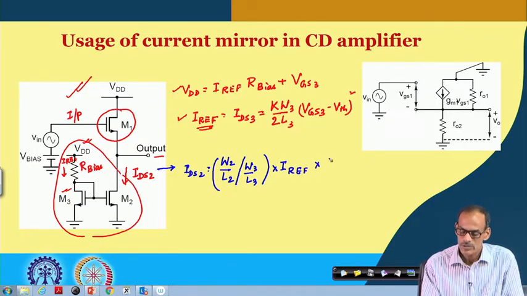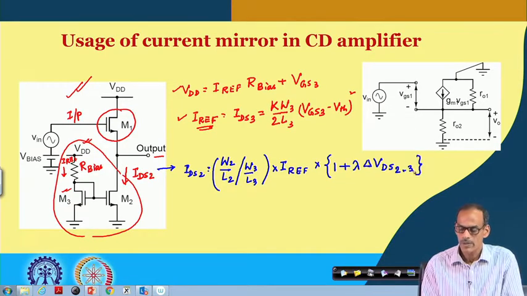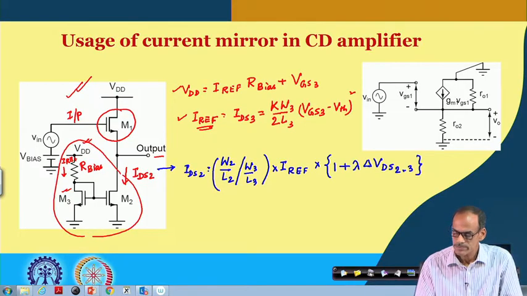In fact, strictly speaking, this should be multiplied by 1 plus lambda into the VDS difference, VDS of transistor 2 minus VDS of transistor 3.